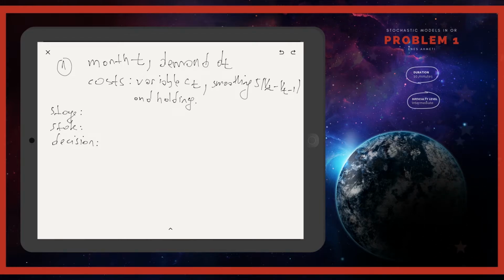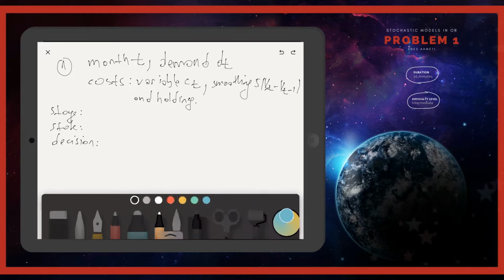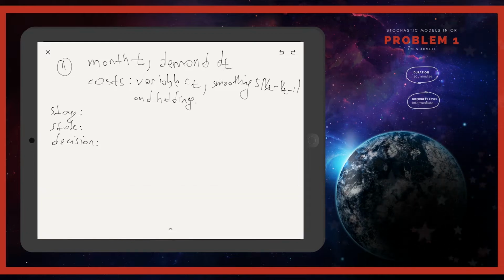So without further ado, we start, but always, as we have done in every tutorial by now, we solve the question by defining the stage, state, and decision. So what is our stage in this case? We are dealing with months. So our stage is months, month T. What is our decision?